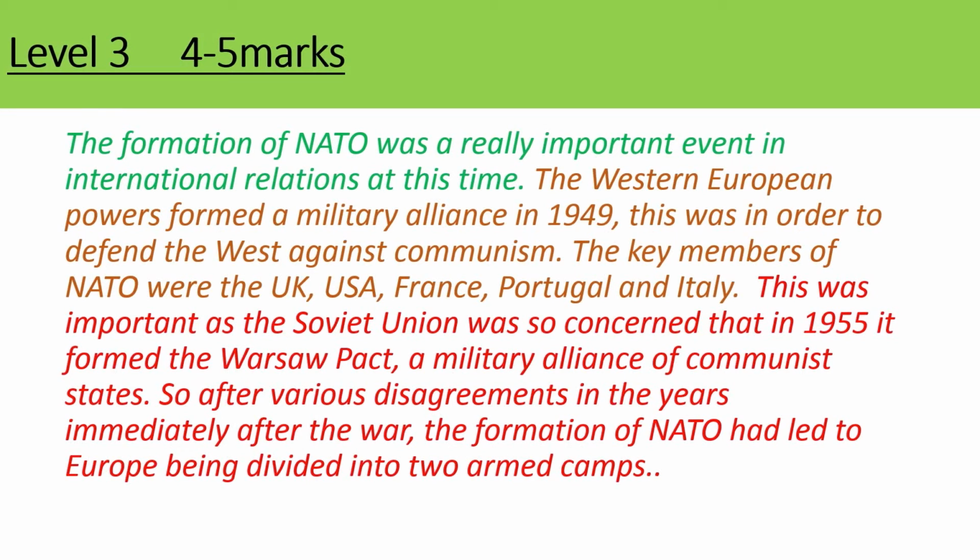The formation of NATO was a really important event in international relations at this time. Point. Western European powers formed a military alliance in 1949. This was in order to defend the West against communism. That's much better already because it's telling you about its purpose. It mentions that it's a military alliance. The key members of NATO were the UK, USA, France, Portugal, and Italy. That's exceptionally detailed information. It gives you examples of countries, the year, and the purpose.